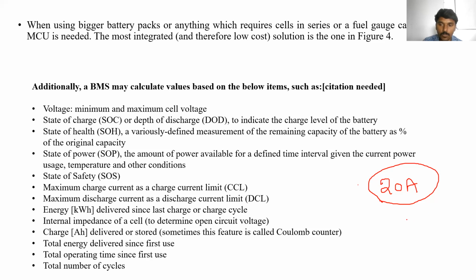If the load or motor is taking current beyond this rated value, for example 30 amperes, then what will happen?